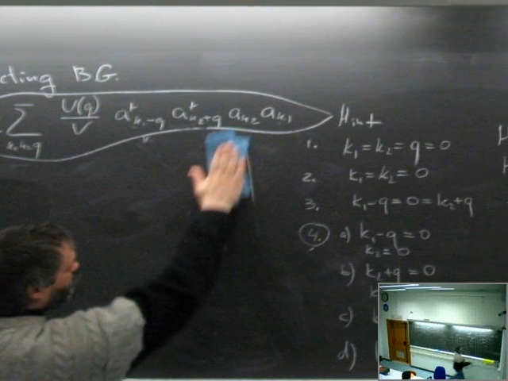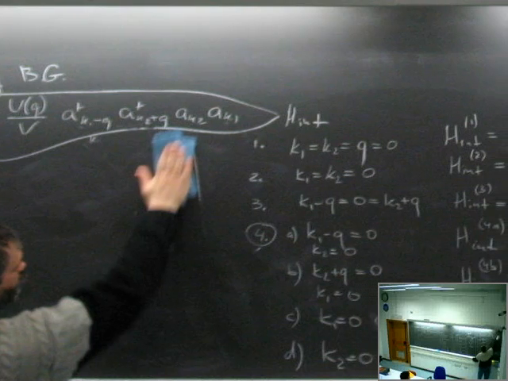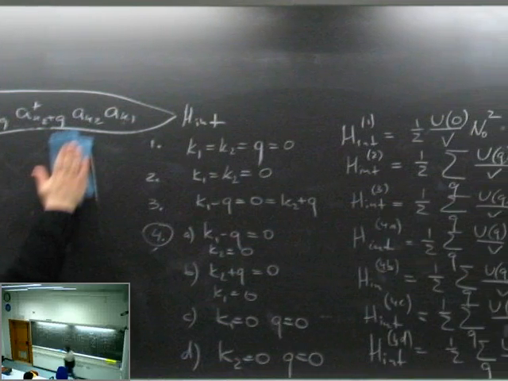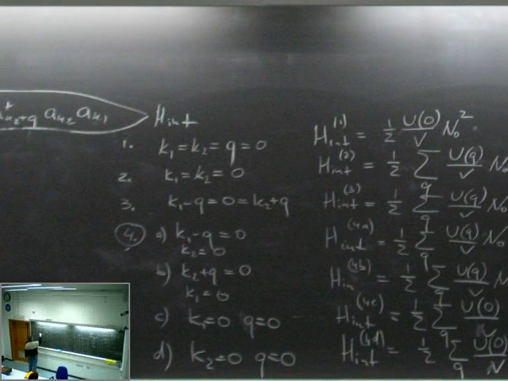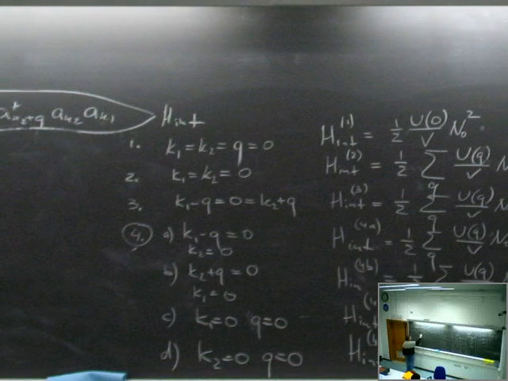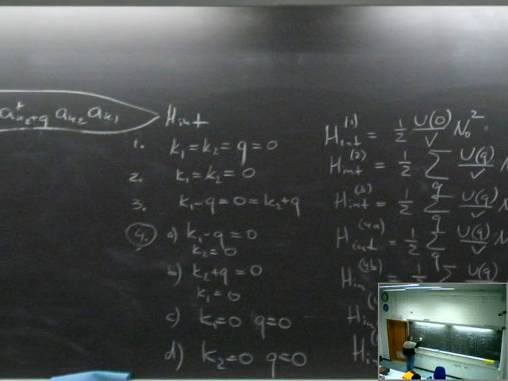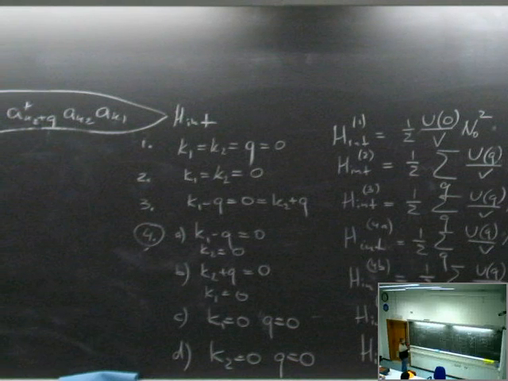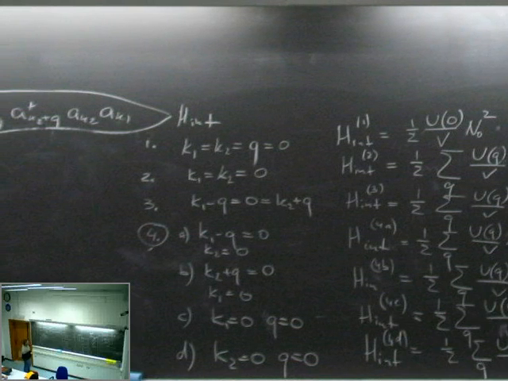I denote this term as E naught. It's just a constant. Then H is equal to E naught plus sum over K not equal to 0. I'm dealing with out of condensate particles.